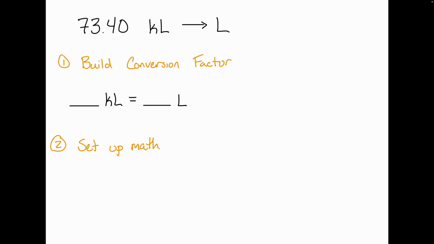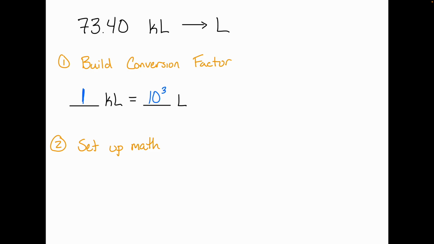All right, so first of all, I got my table here. What's my equality going to be? How many kiloliters, how many liters? Where's the 1 going to go, on the left or the right? The 1 goes with that kilo prefix. All right, which means that on the other side, I look up kilo, we get 10 to the 3. So that's how I get my 1 kiloliter is 1,000, or 10 to the 3 liters.